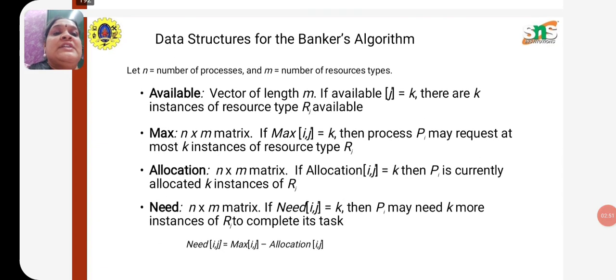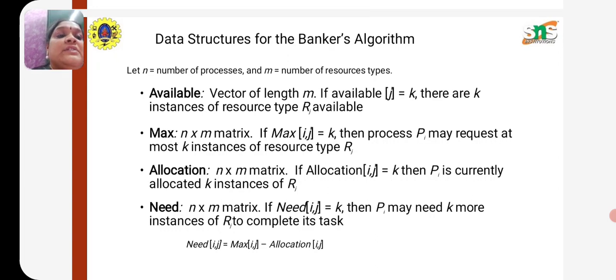What is the data structure that we are going to follow for the Banker's algorithm? Assume that we have n as the number of processes and m as the number of resource types. We need four things: Available, Max, Allocation, and Need.